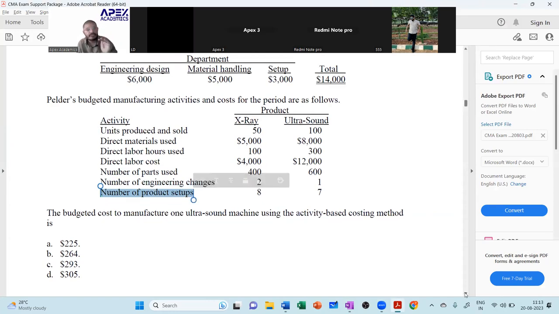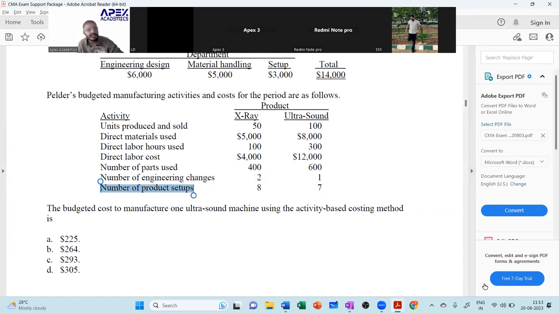In absence of information, you have to make your individual assumptions. Obviously the cost of the total engineering designs will be based on how many times changes in engineering are made. Every new change warrants a new design. Therefore, this engineering design of 6,000 is based on the ratio 2:1.